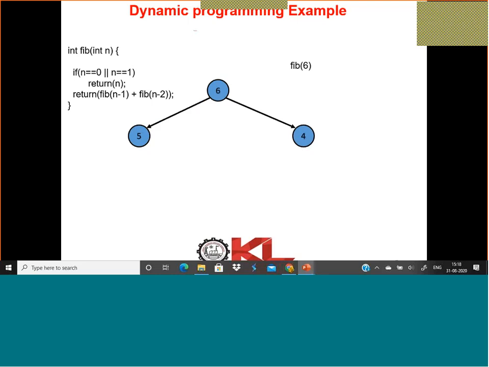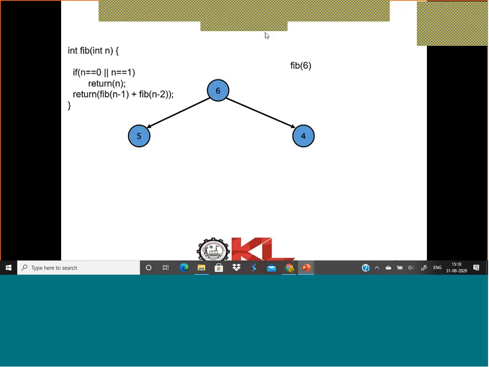To find the Fibonacci of 6, I need to compute Fibonacci of 5 and Fibonacci of 4. Is this point clear for everyone? Any questions from your side?